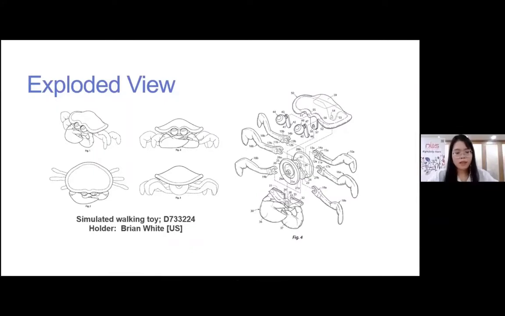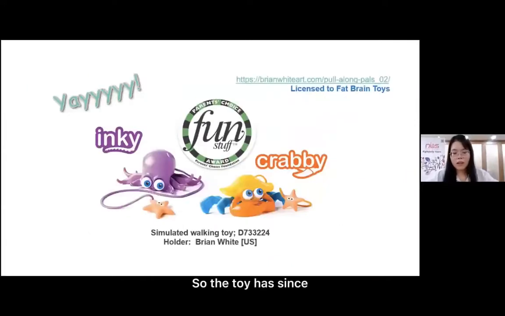He provided the examiner an exploded view of his toy to inform the examiner on how his toy was assembled. The toy has since been licensed to Fat Brain Toys for mass production, and it has been granted an award for making, as you can see, parents really happy, apparently, not kids, but parents.